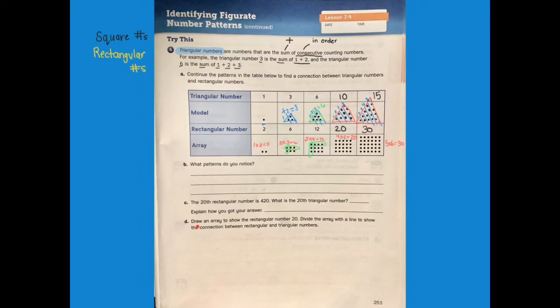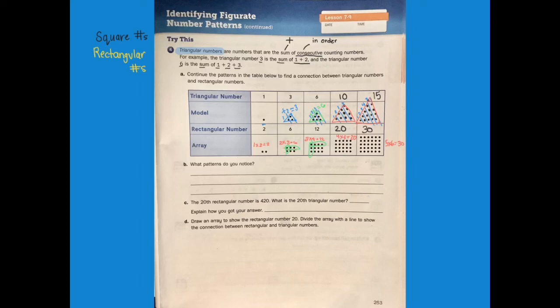Then D says, draw an array to show the rectangular number 20. Divide the array with a line to show the connection between the rectangular number and the triangular numbers. What do they mean by that?